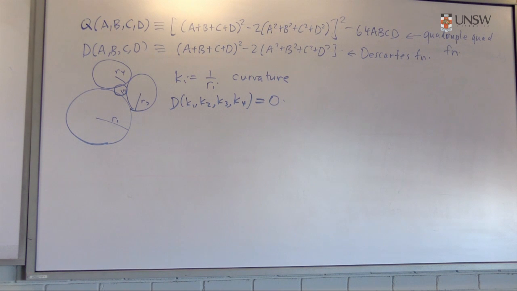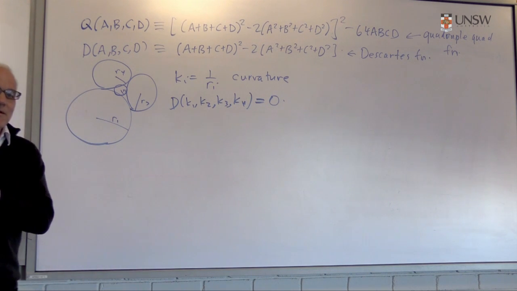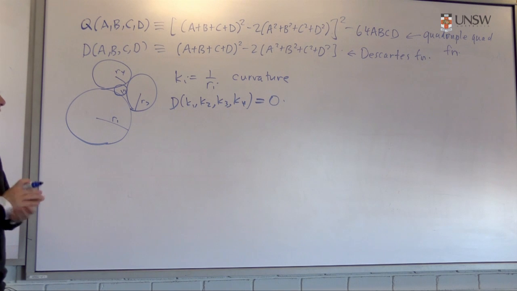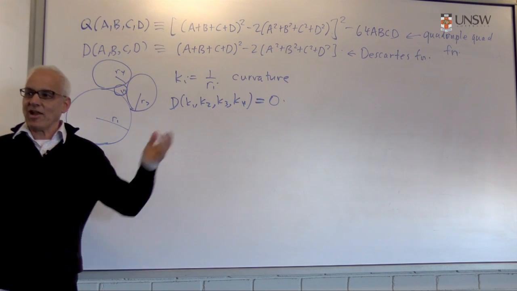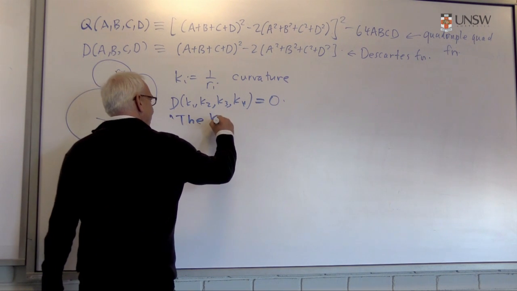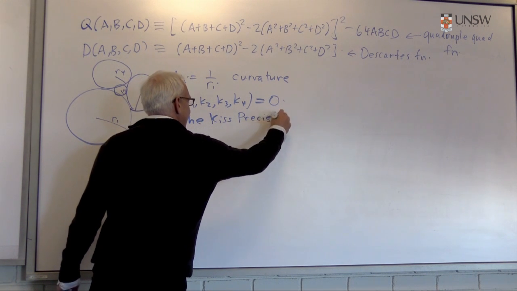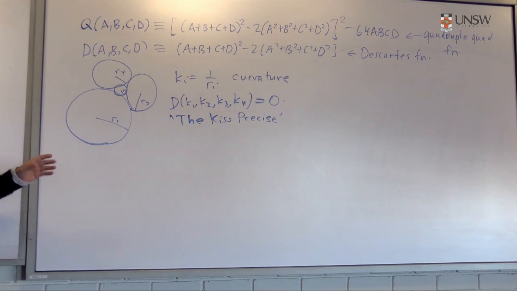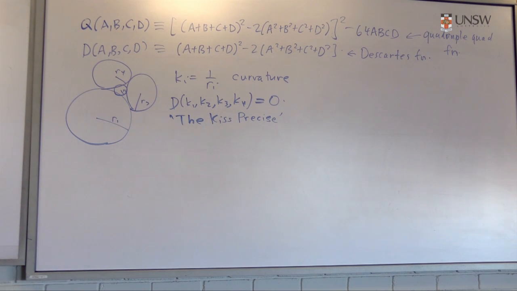That was famously rediscovered by the Nobel Prize-winning chemist Soddy in the earlier part of the 20th century, who wrote a famous verse celebrating this idea called the Kiss Precise, which you might like to look up. It's a pleasant little verse that puts this mathematical formula into verse form.